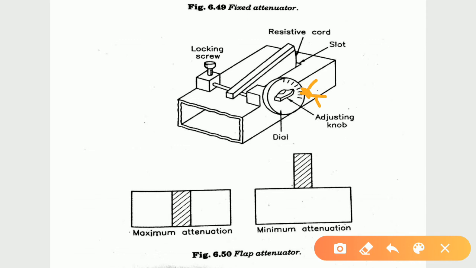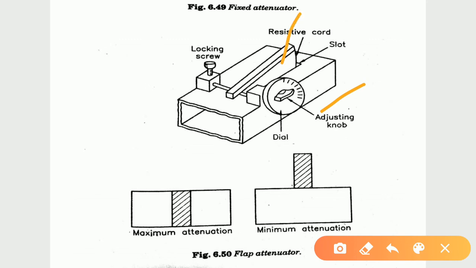So we can vary this attenuation by using this adjusting knob, which is mounted on the dial. This circular one is the dial, and on the dial the adjusting knob is mounted, and there is one locking screw to lock this attenuation, or to lock this resistive card. By varying this adjusting knob you can adjust the resistive card.